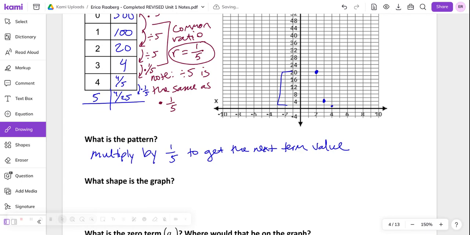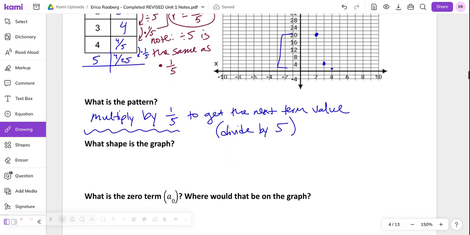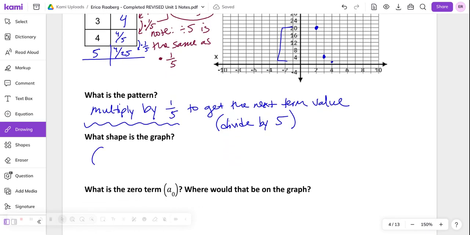You can explain it saying we divide by 5, but it's really important, again, to understand that the multiplier is 1/5, because when we do our explicit formula later, we're going to want that multiplier value. All right, the shape of the graph is curved. It's decreasing exponential.